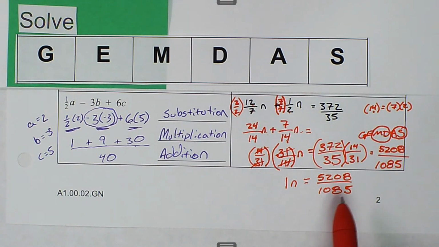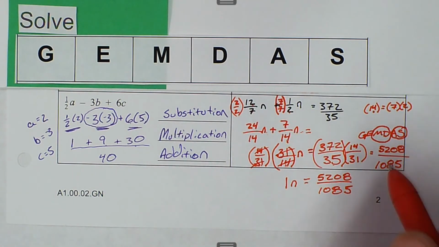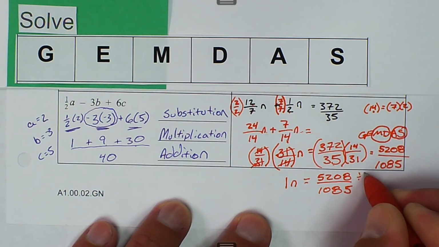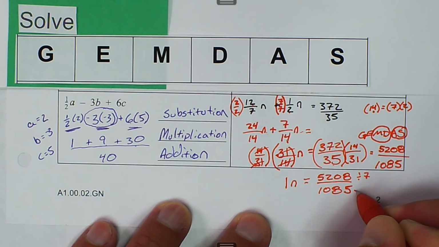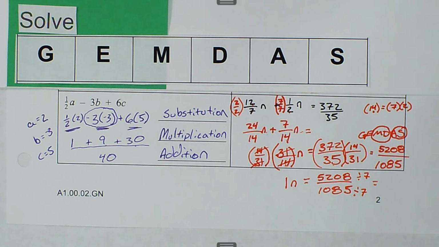Now, if we left it like this, I wouldn't be mad at you if you got to this fraction and said, I'm not sure what to do. But one thing that I know for sure is that both of these are divisible by 7. So if I take 5,208 and divide it by 7, and I take 1,085 and divide it by 7, we can see what we get.